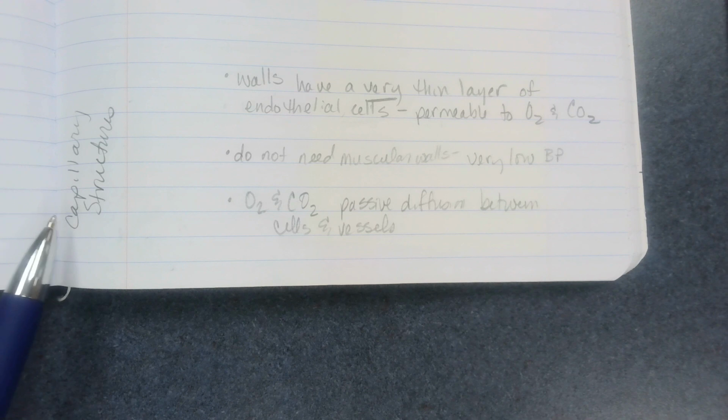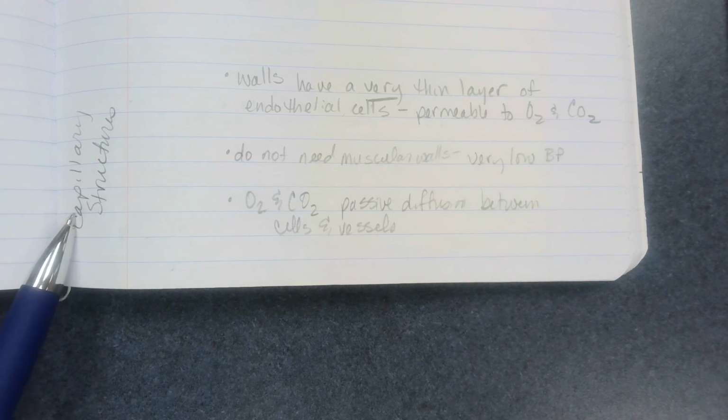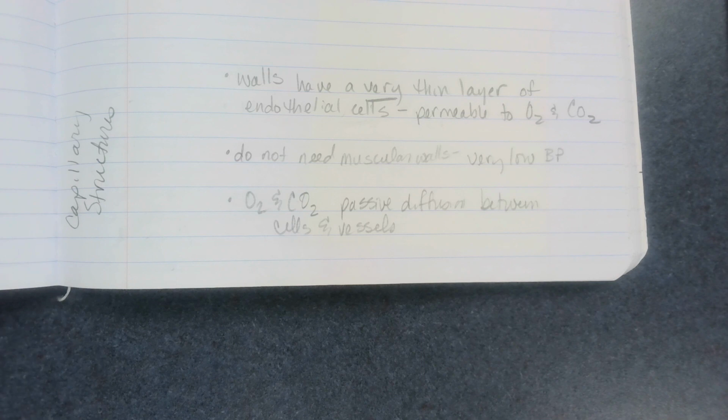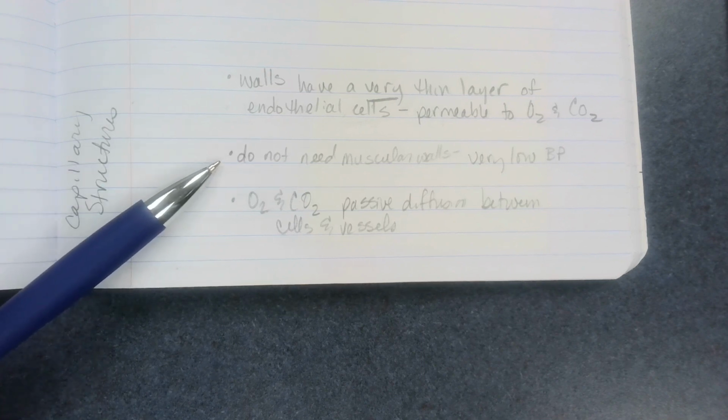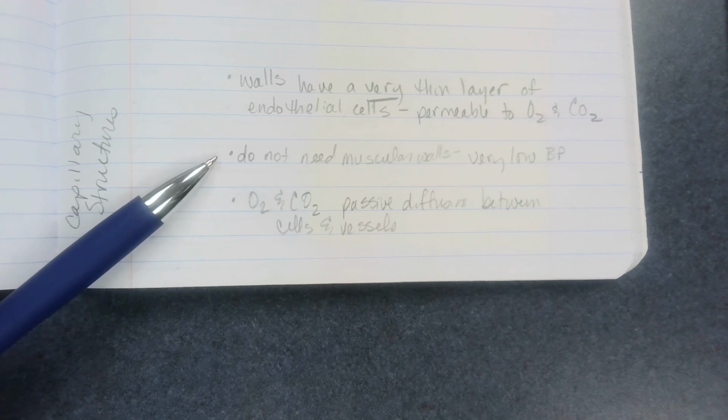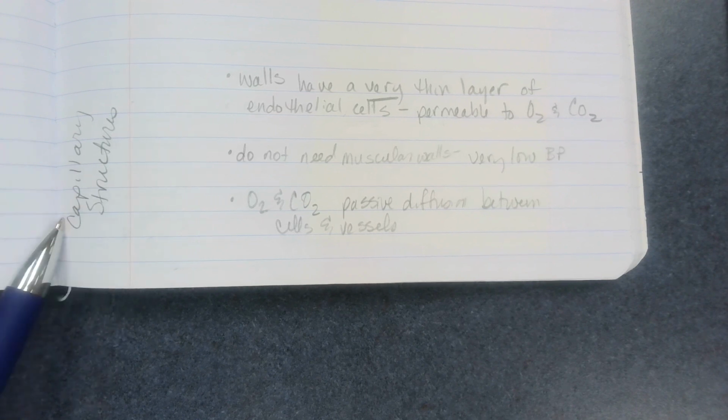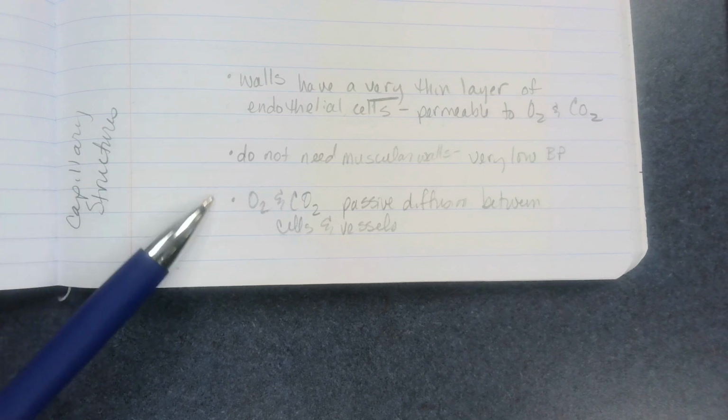So capillaries have walls with a very thin layer of endothelial cells, which make them permeable to oxygen and carbon dioxide. Capillary structures do not need muscular walls. There is very low blood pressure in the capillaries. The function of the capillaries is gas exchange. So that's why we don't need that pressure anyway.